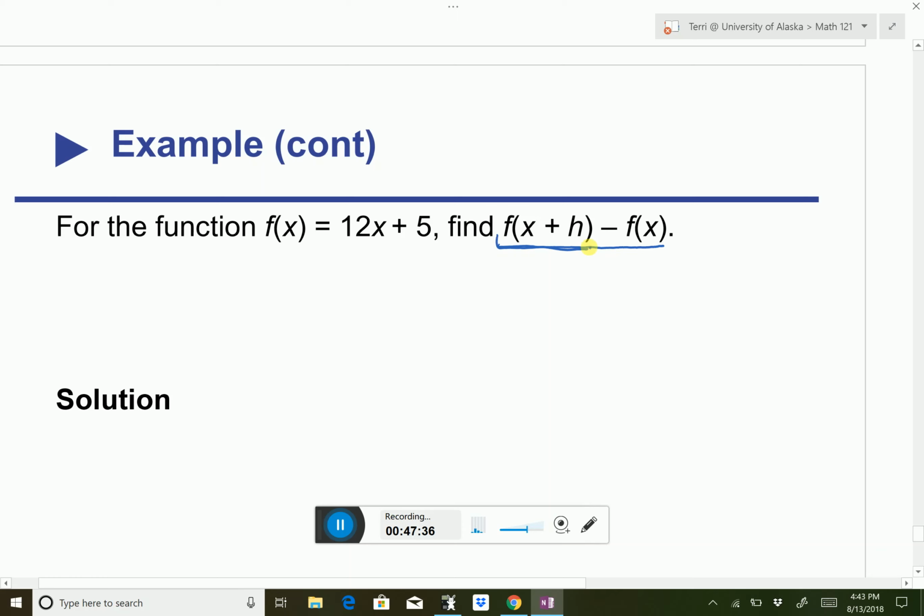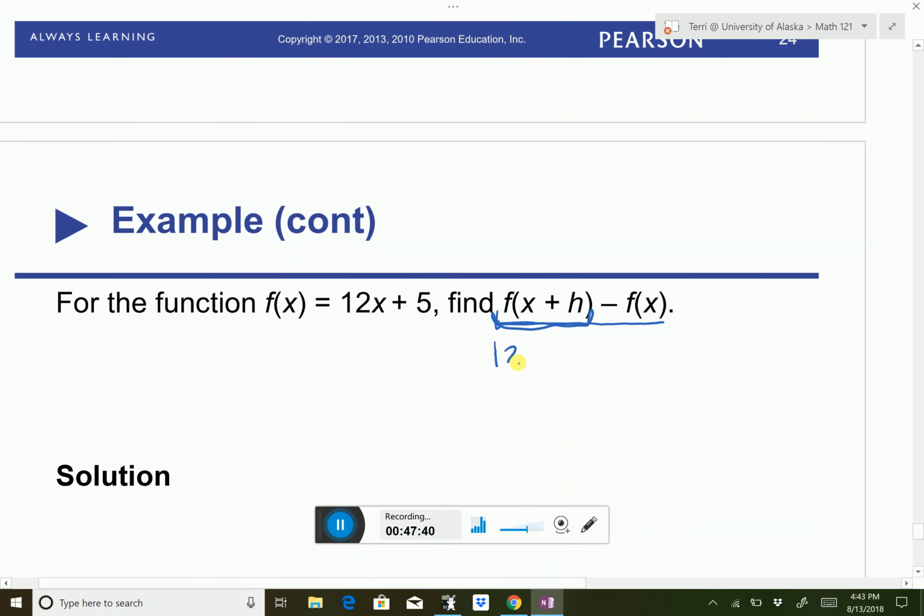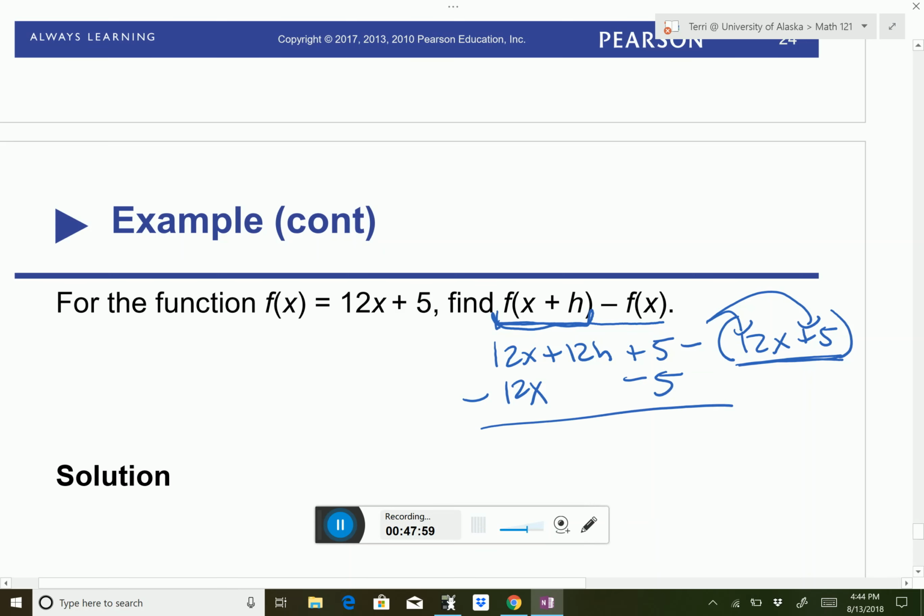So let's remind ourselves what f of x plus h was. 12x plus 12h plus 5 minus the quantity 12x plus 5. So you're noticing a pattern here, I hope, that the original function has a tendency, when you do this, to get subtracted away. Minus 12x minus 5. These cancel, and I just end up with 12h.